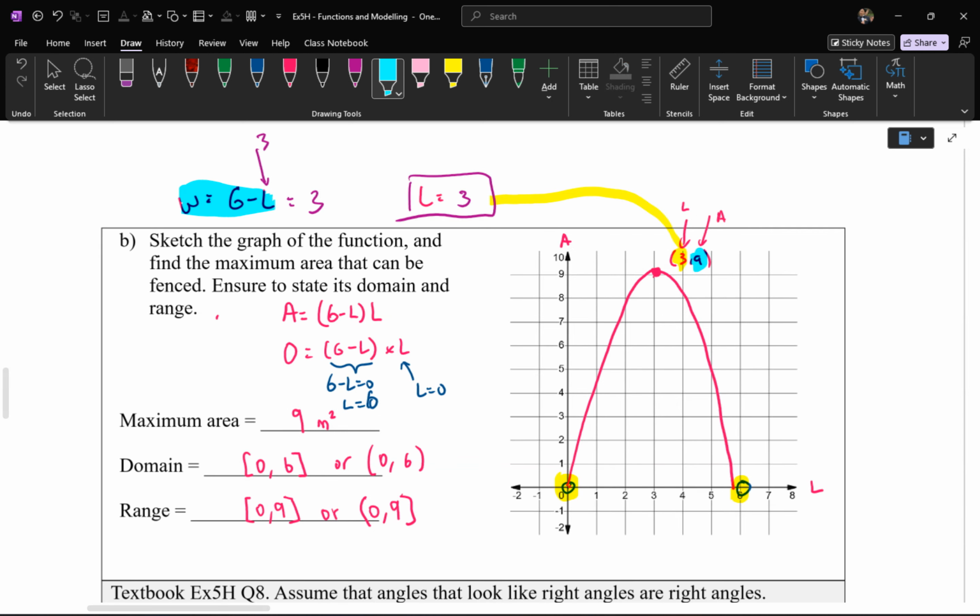When you say width is equal to 6 minus L, that means the length has a restriction. You said width cannot be 0, width cannot be negative, right? So that also implies that 6 take away L cannot be negative. It doesn't mean length can be anything, because length clearly cannot be 7, for example. If length is 7, 6 minus 7 gives you negative 1.